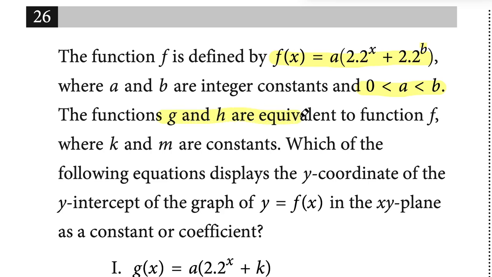Now, this statement is going to help us a lot to finally answer our question, where k and m are constants. Which of the following equations displays the y-coordinate of the y-intercept of the graph y = f(x) in the xy-plane as a constant or coefficient?